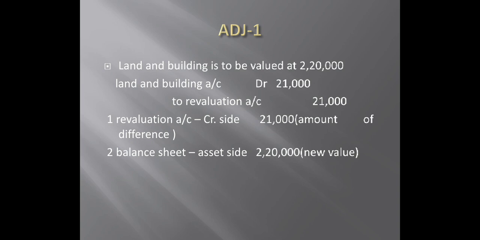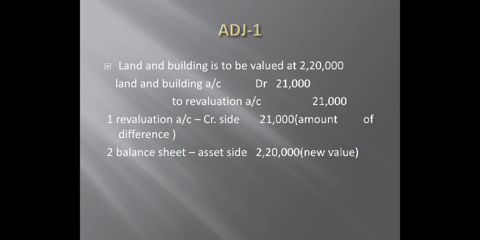Now moving towards the effects. Every adjustment has two effects. Let us study the first one. The first effect is in revaluation account. You can see revaluation account is already prepared in your textbook. It is prepared once all the journal entries are finished. So for revaluation account, the posting for this journal entry, you can also write down in your books if you have them with you right now.